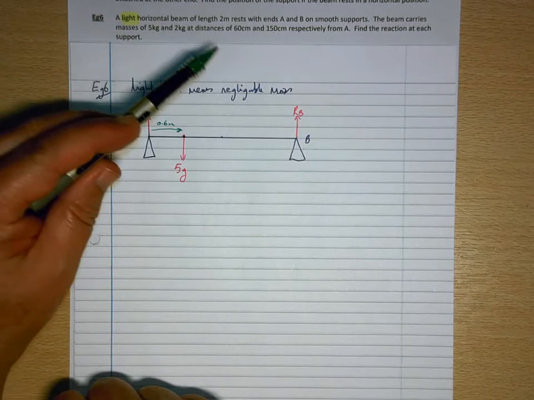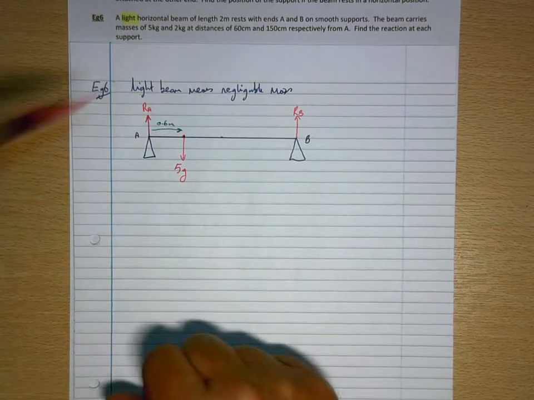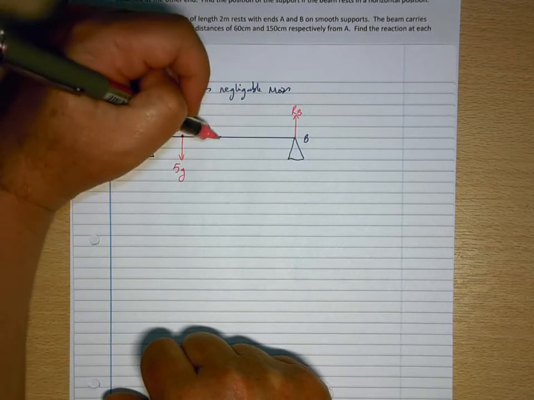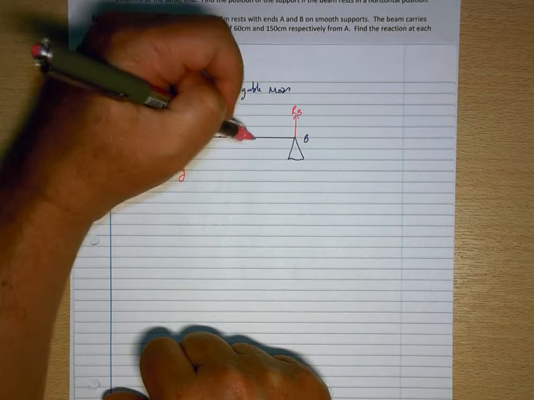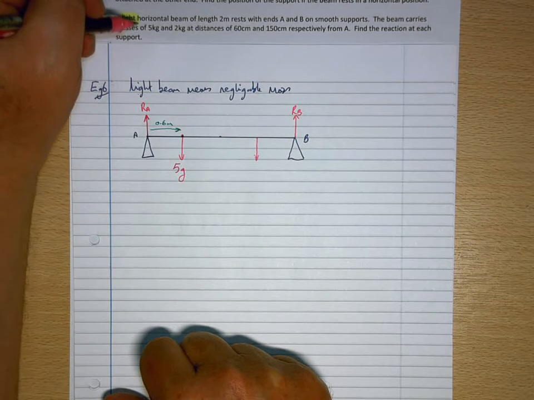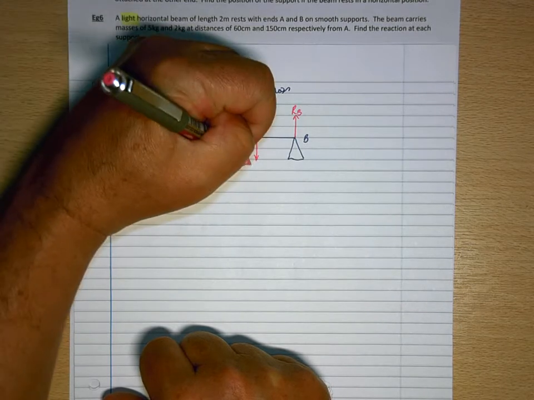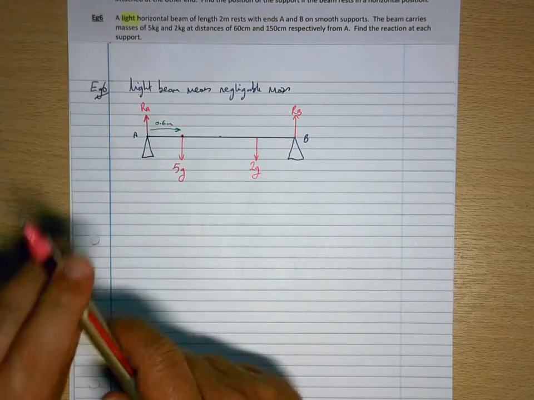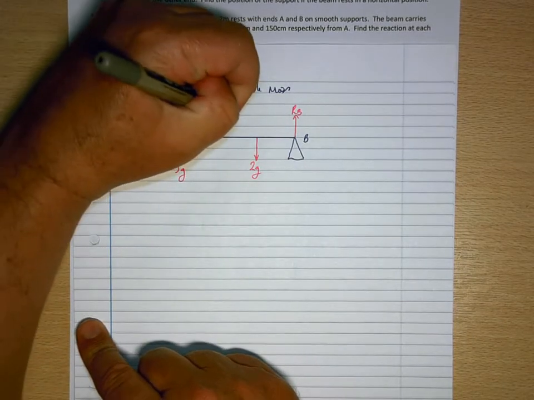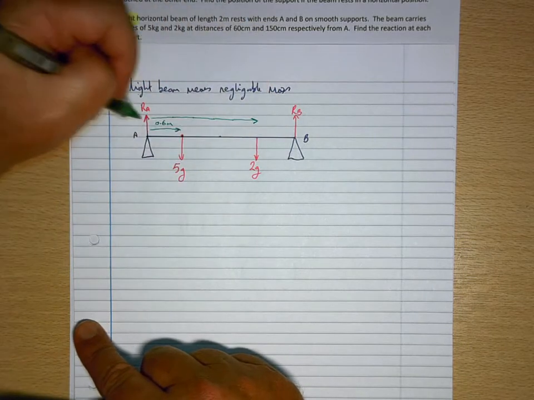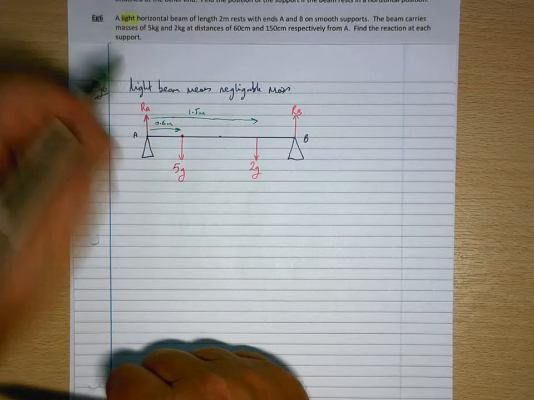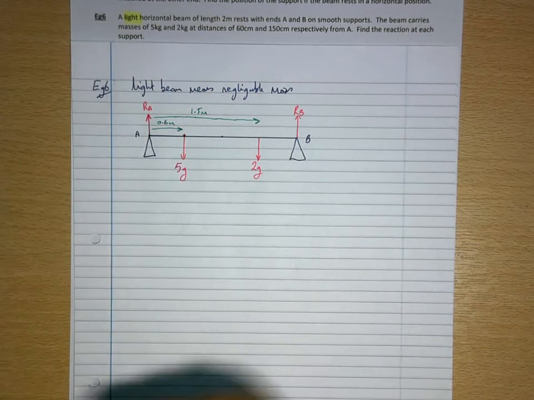And then we've got another mass of 2 kilograms at 150, so that's 1.5 meters. So we've got 2g acting there, at a distance from A. I'm going to take my moments about A, so I'll write that as 1.5 meters from there rather than working out the other distance.